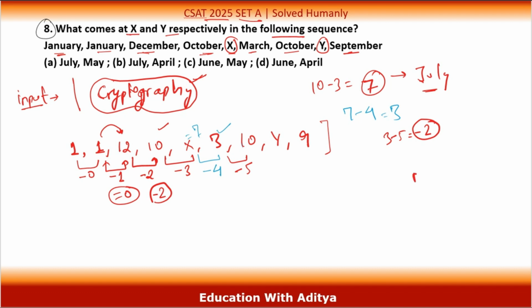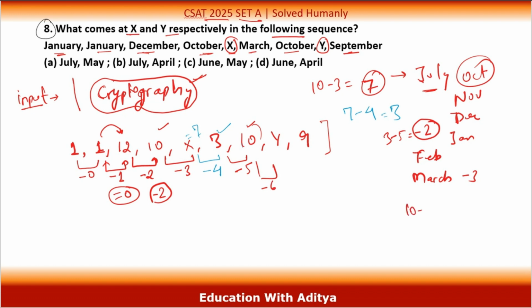Before March comes February, before that January, before that December, then November, and then October. So yes, this checks out. We have reached the 10th month. Now I need to do minus 6. So 10 minus 6 would be 4. And what is the 4th month of the calendar year? That would be April. So Y should be April.